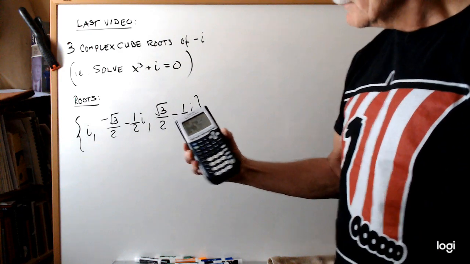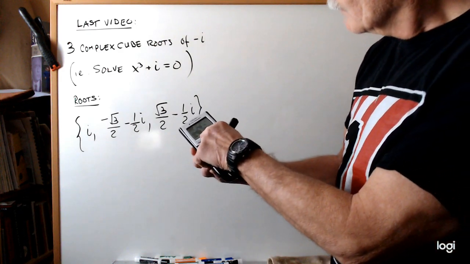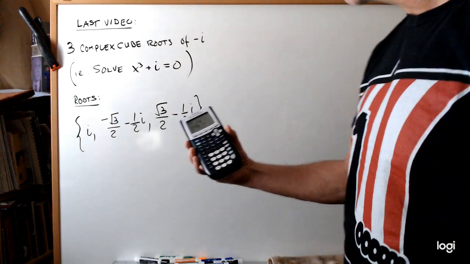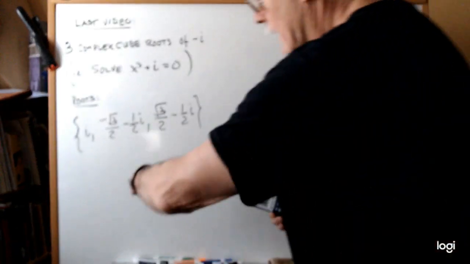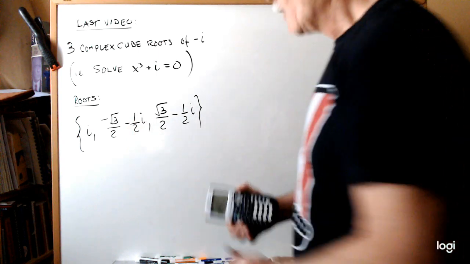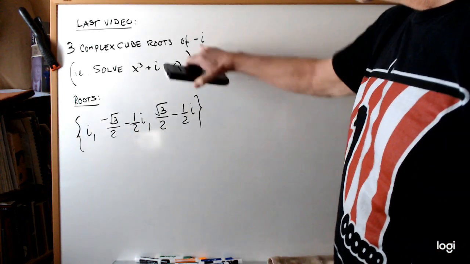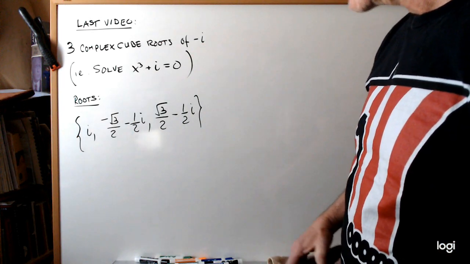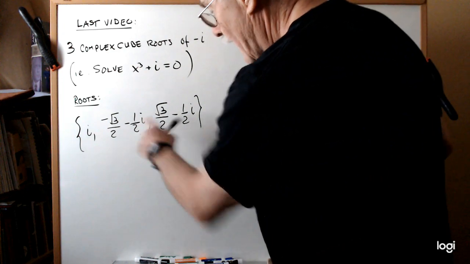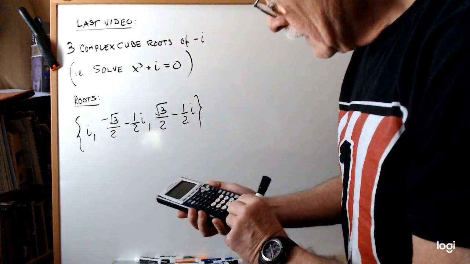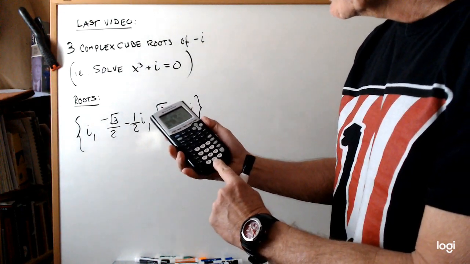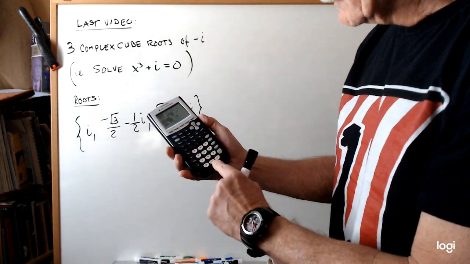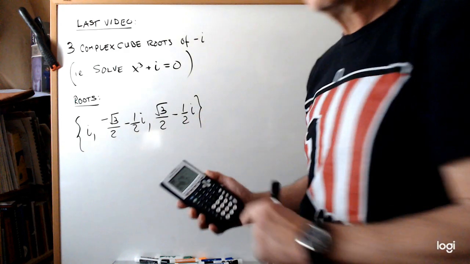So I recommend you move over and highlight the a plus bi, and then you can type any of these in parentheses to the third power, and you will definitely get negative i. I tried it. Now in case you're wondering how to get the i, it is in blue above the period key. So you simply type second, the period key, and that gives you the i.